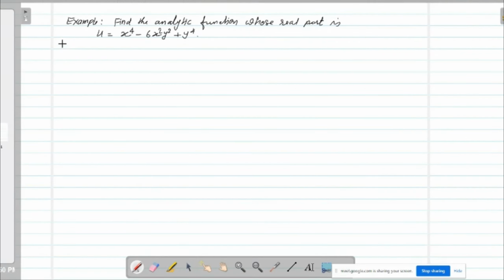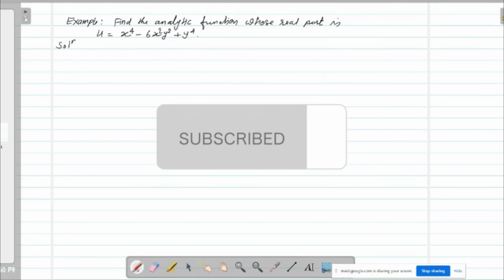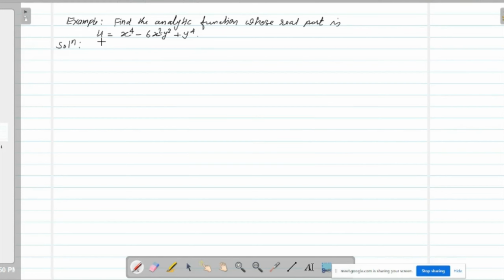Okay, solution. So which part is given to you? Real part is given. Let f of z equal to u plus iv be the required analytic function.